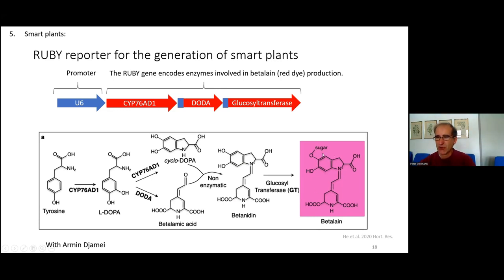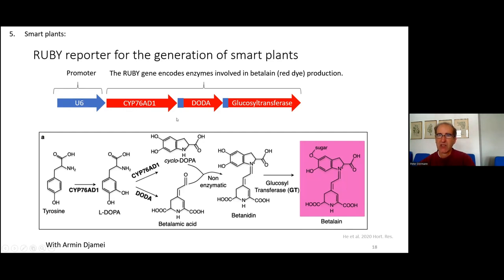It is pinkish reddish, visible with the naked eye, and just accumulates at the site where it is produced. This construct is available. You can put it into barley. And we did that first, as a proof of concept, with a constitutive promoter which is expressed everywhere and at any given time, U6, the ubiquitin promoter.